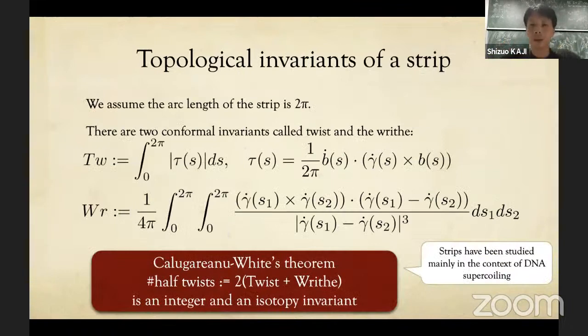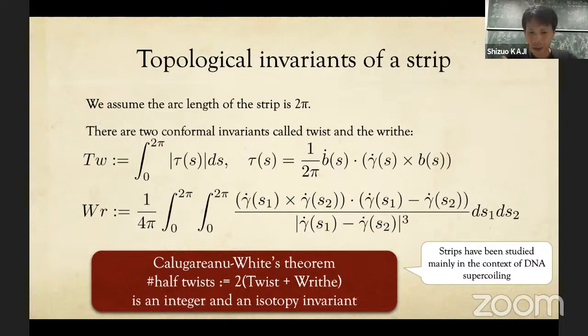Before that, I want to introduce some topological invariants of a strip, which are called writhe and twisting, and they are defined by this somewhat complicated double integral. But the important thing is that these two values are defined for each strip, and they are not actually topological invariants. They are conformal invariants, but the sum of them becomes an isotopy invariant, a topological invariant.